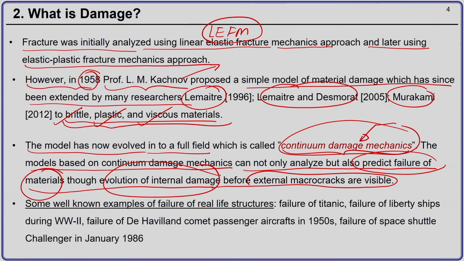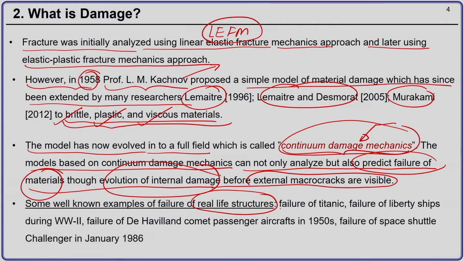Now, there are some well known examples of failure of real life structures. It is interesting to see how failure to understand the correct response of the material to different cases has led to severe failures of real life structures in the past.